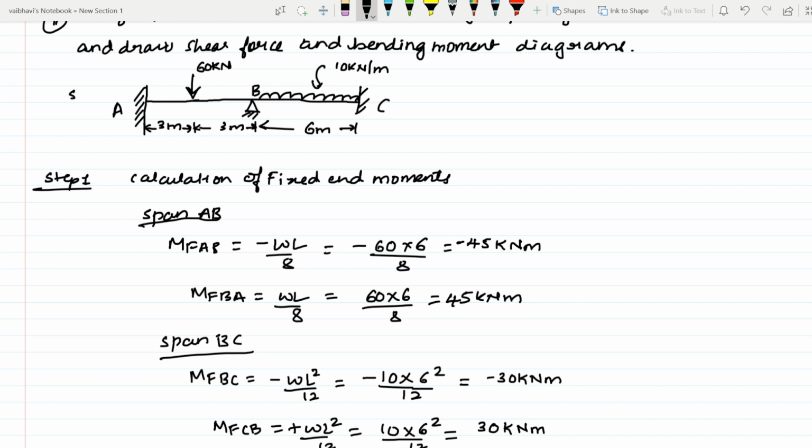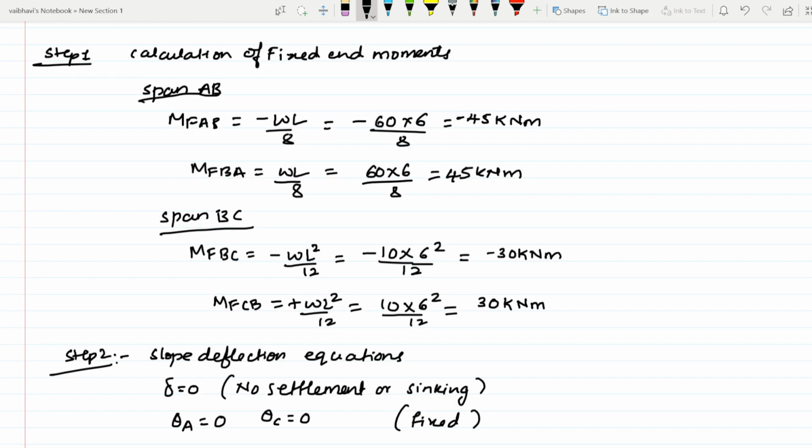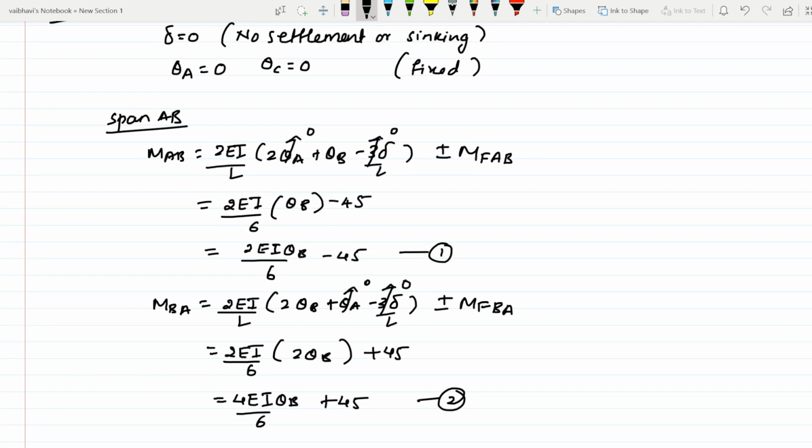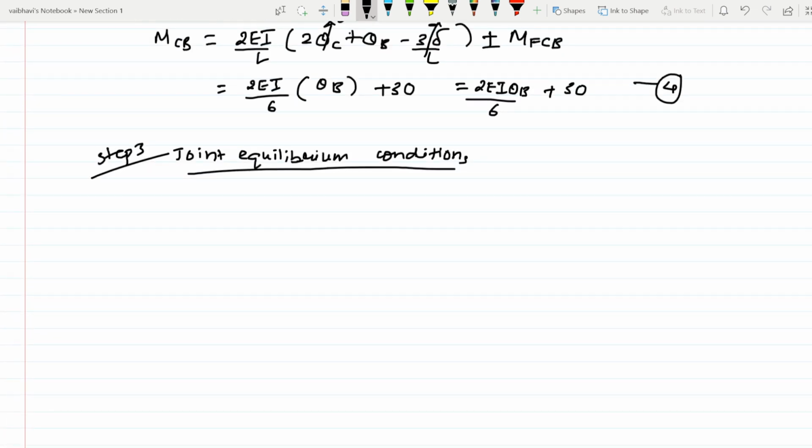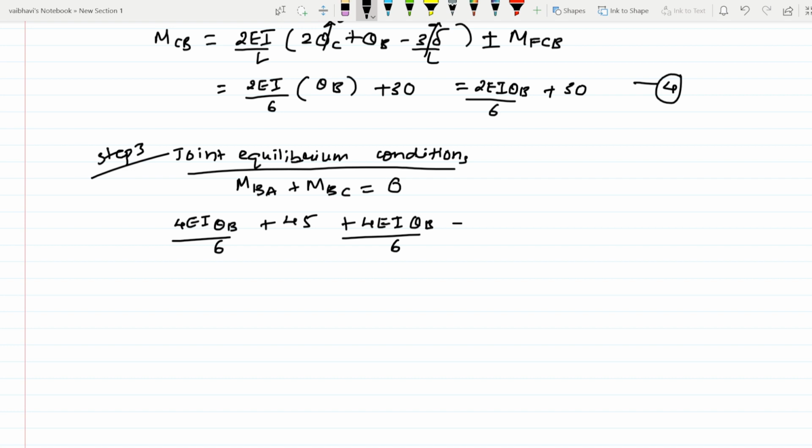So MBA plus MBC equal to 0. So let us write the joint equilibrium condition. MBA plus MBC equal to 0. Substitute MBA equation. What we have got? 4EI theta B by 6 plus 45 plus 4EI theta B by 6 minus 30 equal to 0.